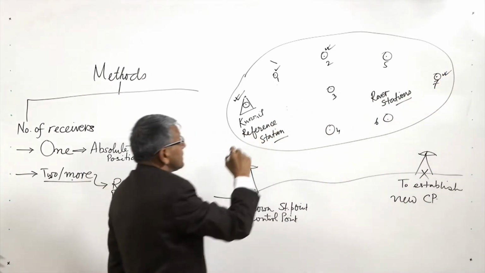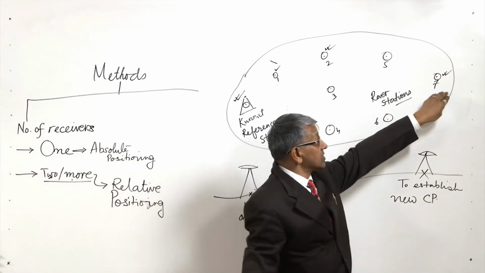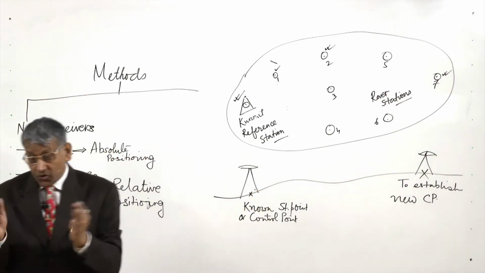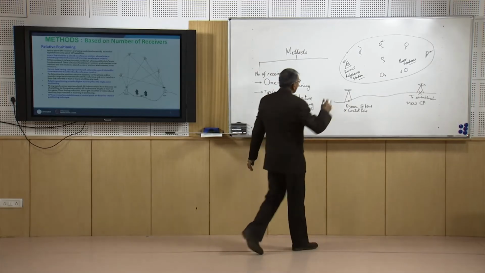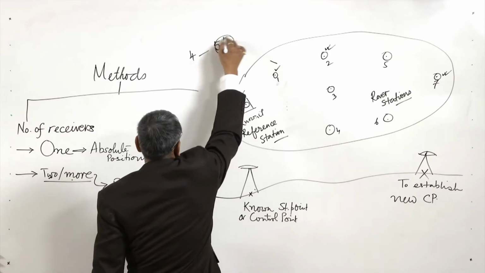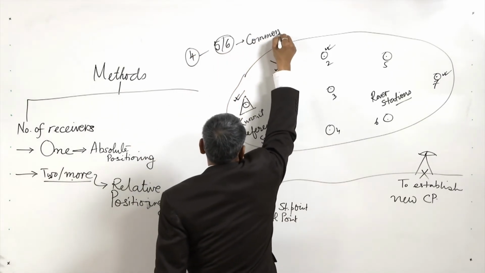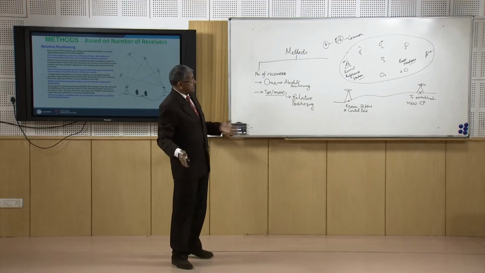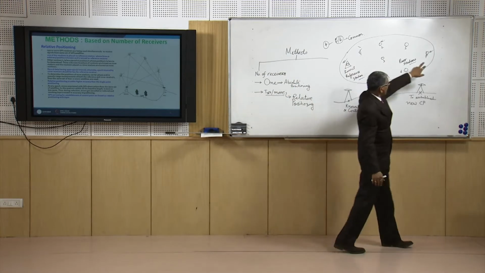The satellites visible from this station and those visible from these stations, at least 4 should be common, and preferably 5 or 6. That means 4 to 5 common satellites' observations should be reaching this station as well as this station.